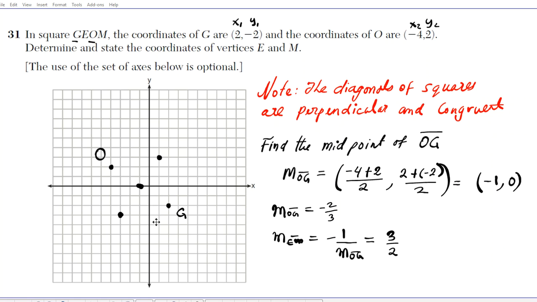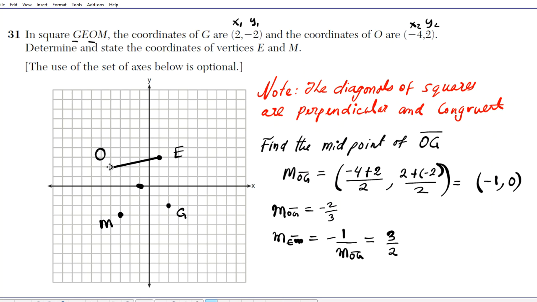Bam. So we have G, E, O, M. There go our vertices. Let me join the square, and then we'll write down the vertices of M and E, and we'll be done.